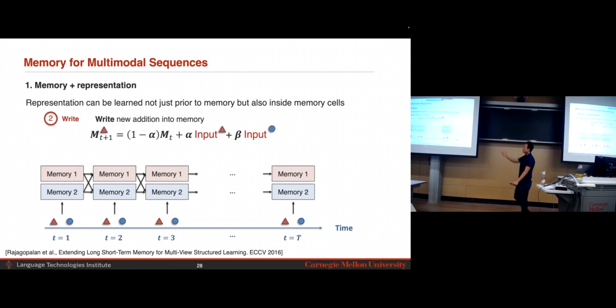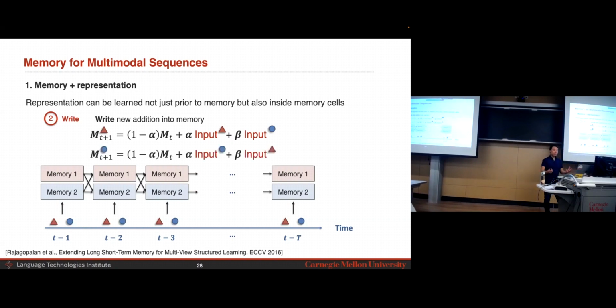My memory for the red modality is a function of the memory of the same red modality, plus a weighted input from the red modality and a weighted input from the blue modality. The parameters alpha and beta determine how much of the same modality's information at each time step goes into memory versus information from the other modality.